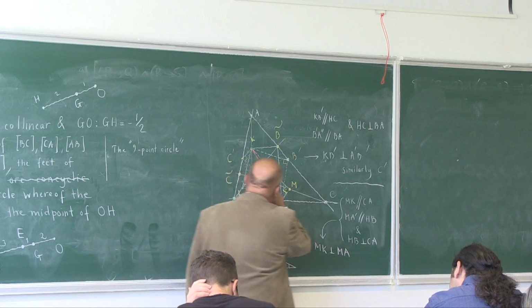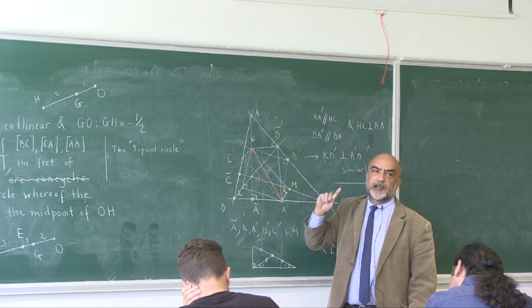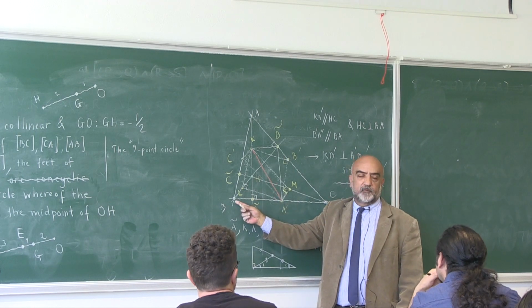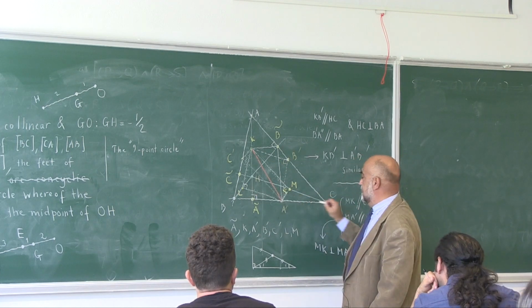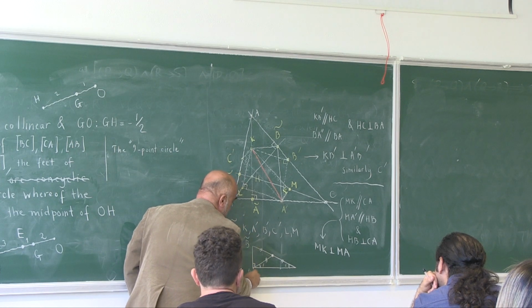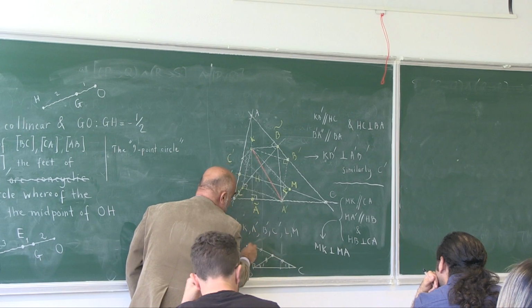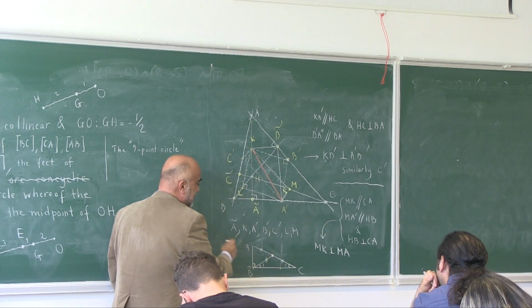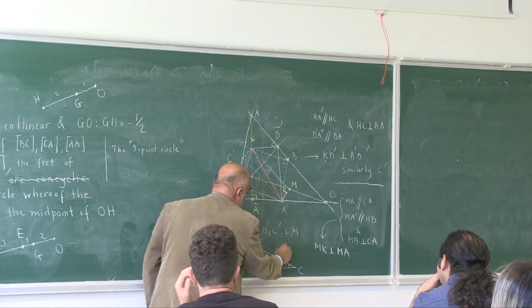Now, the crucial thing is that this is 90 degrees, because B tilde is the foot of the perpendicular dropped from B onto CA. So B tilde C B is a right angle triangle, and A prime is the very midpoint of BC.